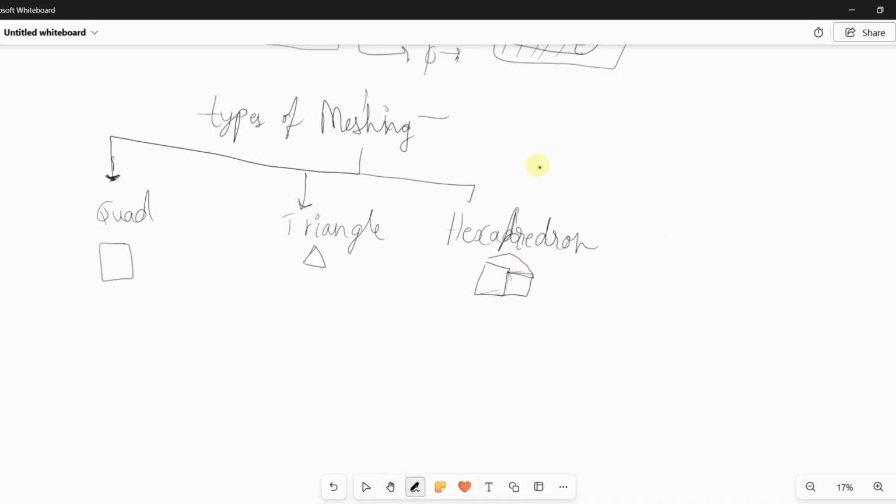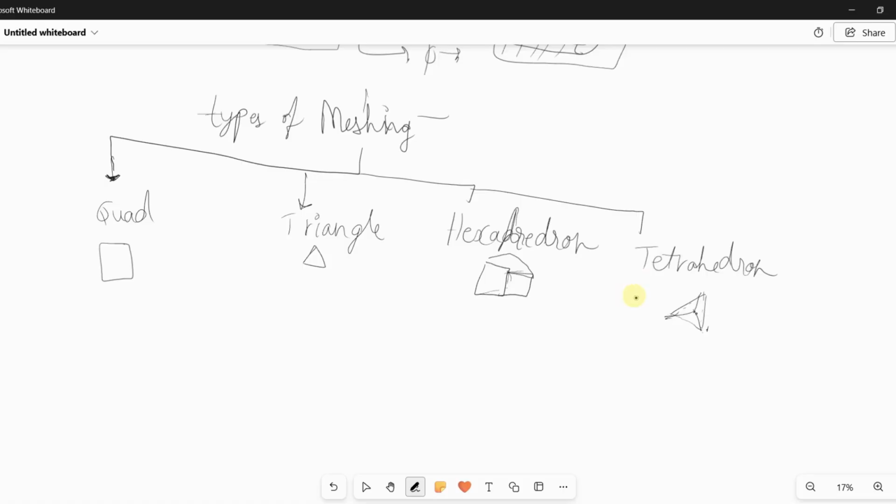And then you have your tetrahedron. Tetrahedron is, just take 3 points over here and join them. So this is your tetrahedron. These are your basic mesh types.